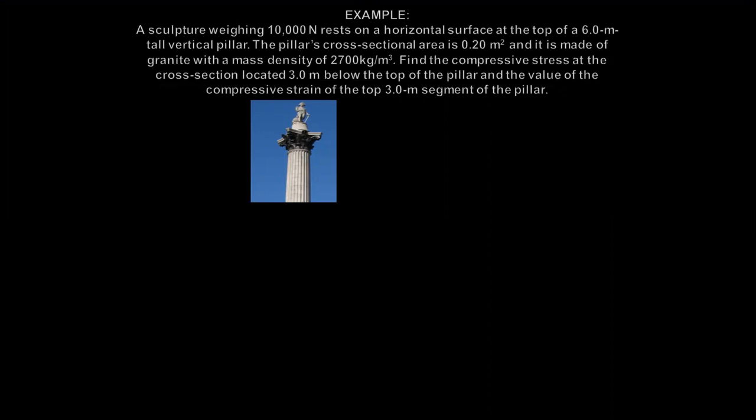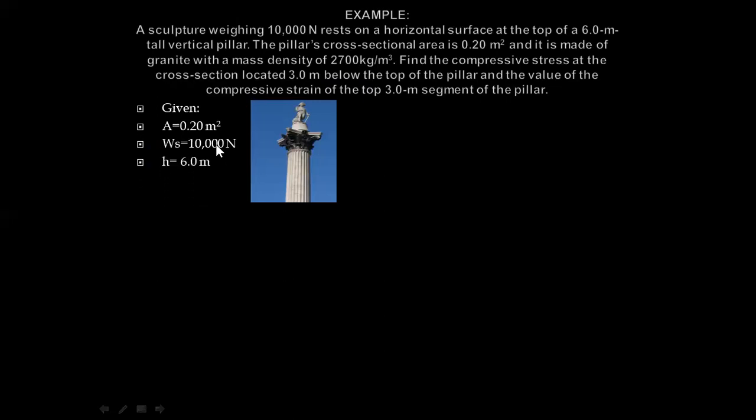As we proceed with the diagram, we are given this sculpture which sits atop a pillar. The area is 0.20 meters squared, and the weight of the sculpture is equal to 10,000 newtons.